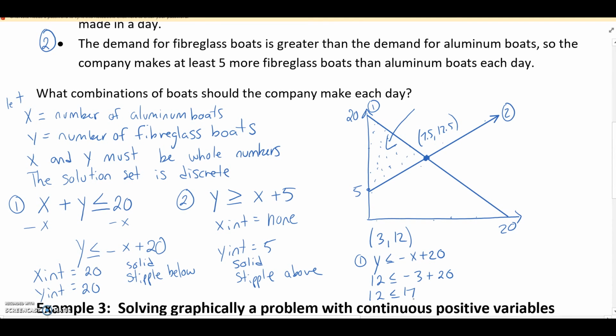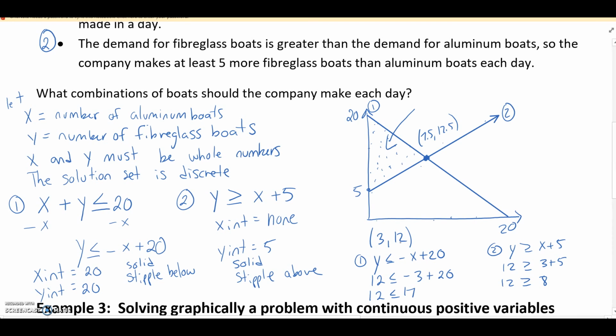Is 12 less than 17? Yes, it is. If I try on the other one, y is greater than or equal to x plus 5. Y is 12. X is 3. So 12 is greater than or equal to 8. Yes, that is. So it's valid in both of them. So that would be one possible solution.